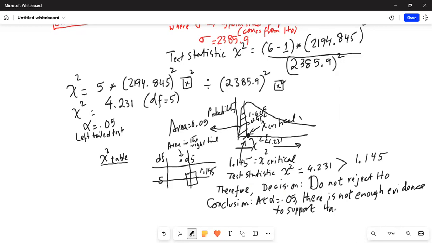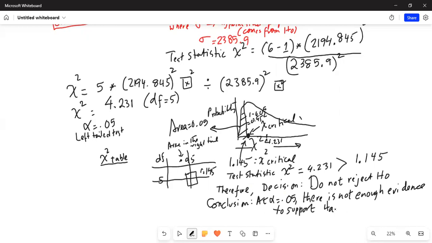Yep, critical value is 1.145. Our test statistic is 4.231. Decision is do not reject H0. And the reason is it falls in the unshaded area because 4.231, the test statistic, is greater than the critical value of 1.145. Therefore, decision: do not reject H0. Conclusion, at alpha equal to 0.05, there is not enough evidence to support HA.